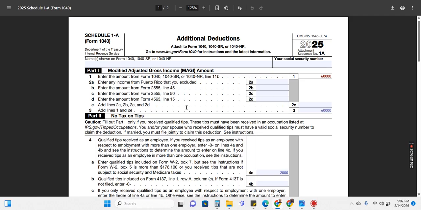We write 60,000 here, then add lines 2A to 2D and add lines 1 and 2E, which is nothing, and then 60,000, same. This is our MAGI, and AGI is the same.